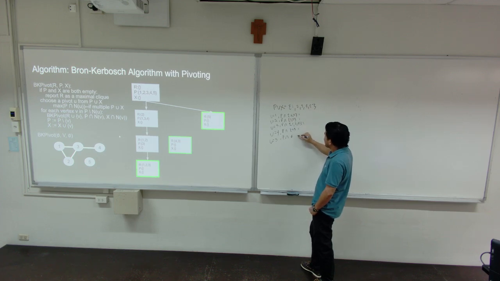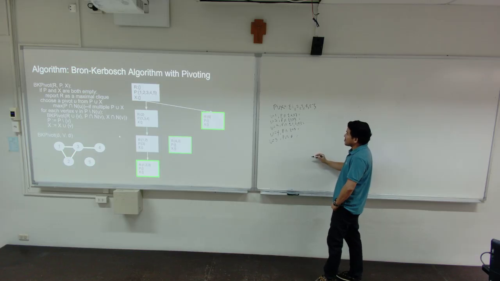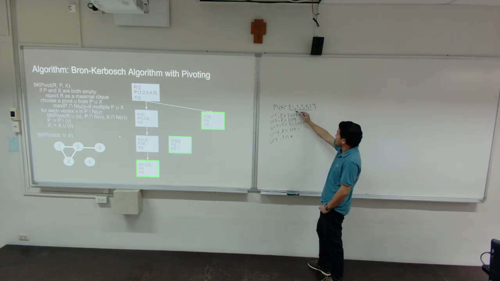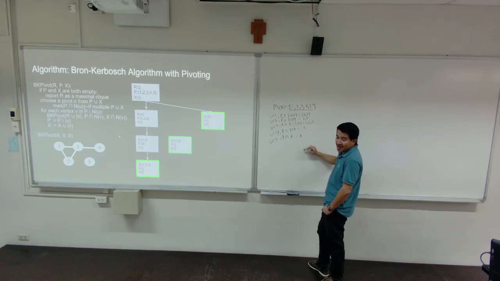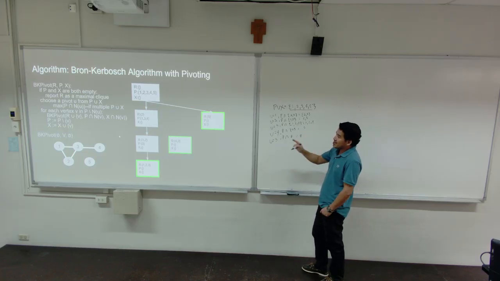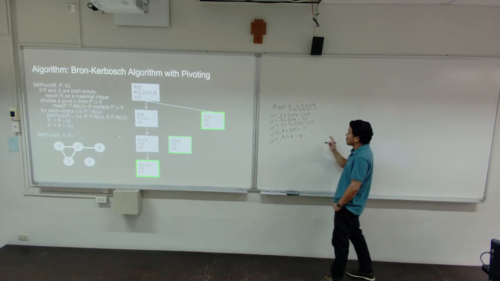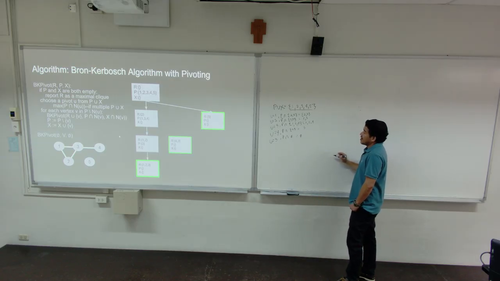Okay. Next is intersection. Since this is the entire P, intersecting 2 and 3 with this P will result to the same thing. So this will result to 2, 3, 1, 3, 1, 2, 4, 3, and then null. Next is you're going to get the largest number of vertices.